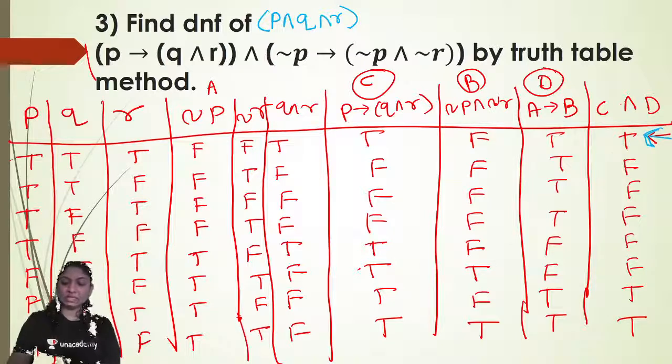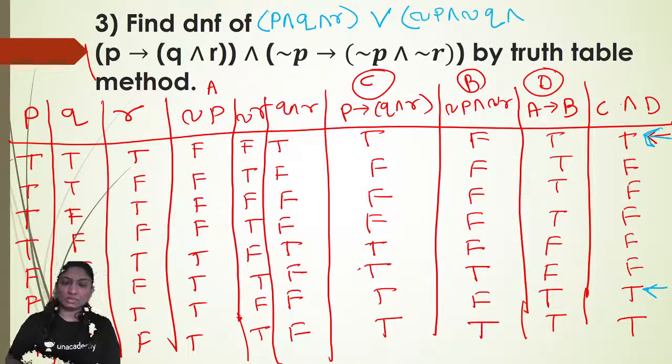Then this T is denoted by that. Now again check the next T here. Now which is the next T? So next T is here. Now join this by OR and write down the corresponding values. Now here is F, so F it means here negation of P. Here is F again, so here negation of Q. And here is T, so here is R. Right?